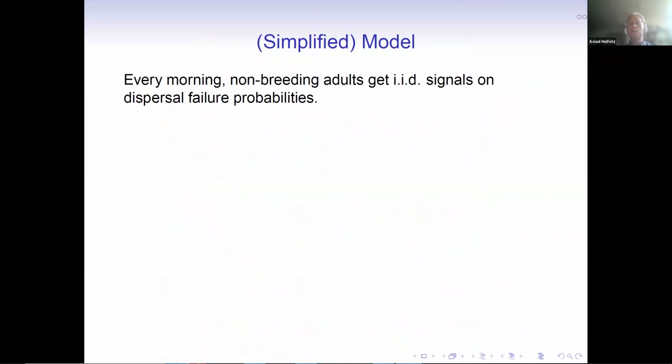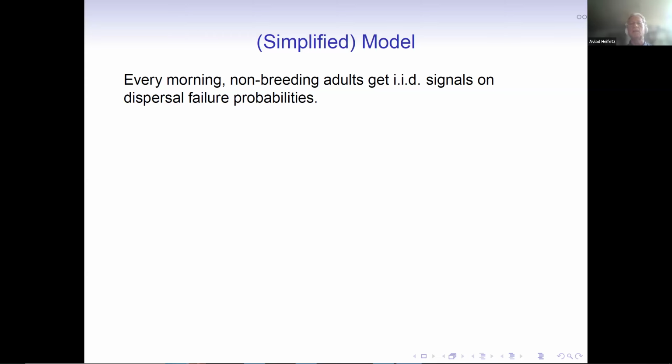So here's a simplified model in which we try to look into this asymmetry and its effects. In this very stylized model, every morning, non-breeding adults wake up, look around, and get signals about what happens if they disperse today.